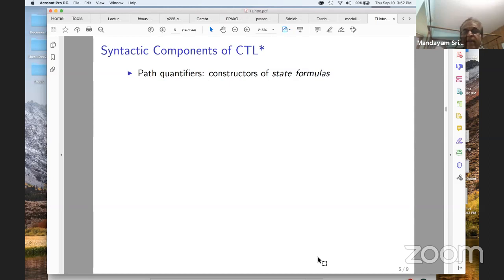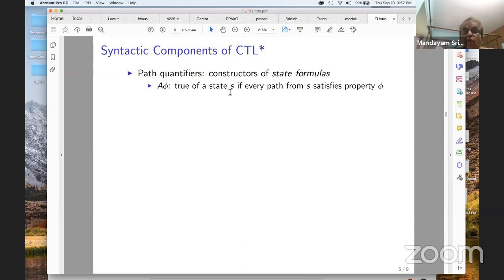The state formulas represent a set of states, and path formulas represent a set of paths. Then it has path quantifiers which construct state formulas. For example, A of phi, where A is a universal path quantifier and phi is some other sub-formula, actually a path formula.